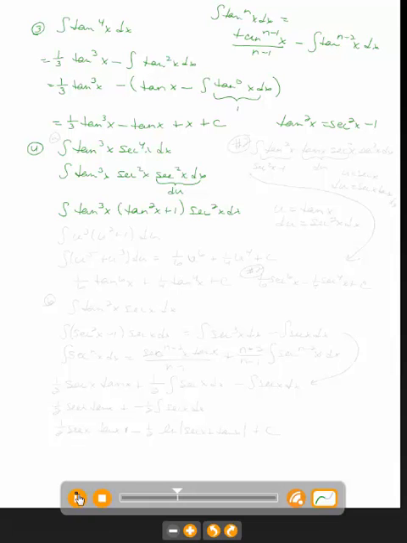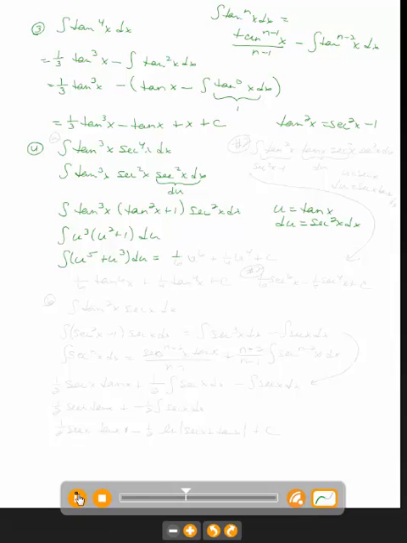And we don't need to multiply this whole thing out. We can do our u substitution right here. The u is going to be the tangent of x, so the du is going to be the secant squared of x dx. So this turns into u cubed times u squared plus 1 du. At that point, I'd be inclined to distribute that and make it u to the fifth plus u cubed du.